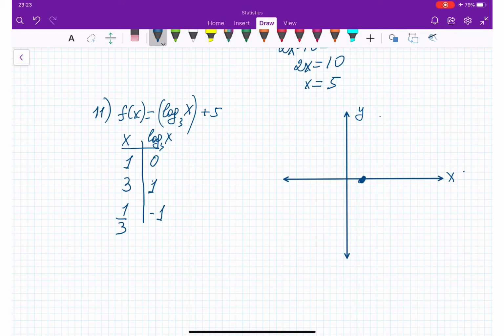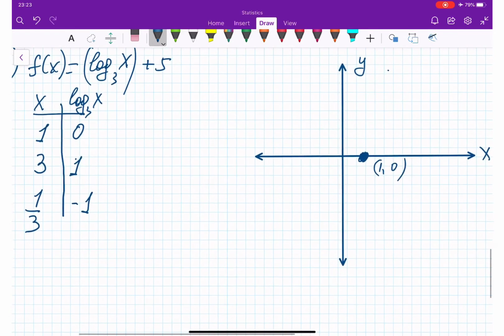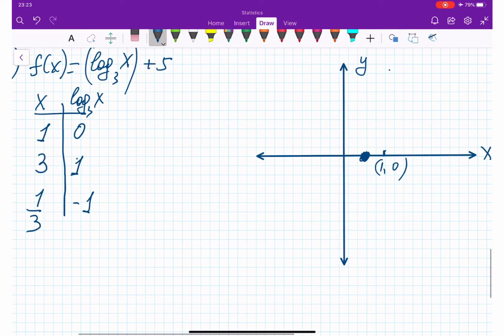The same way, a logarithm will cross at the point 1, 0. Okay? Next, x is equal to 3. This is 1, this will be 2, this will be 3. This point is 3.